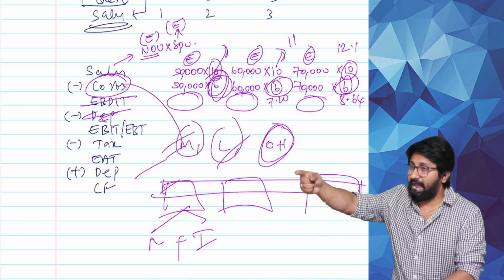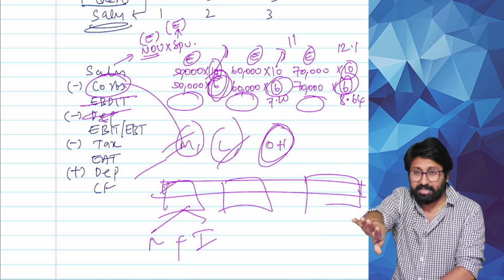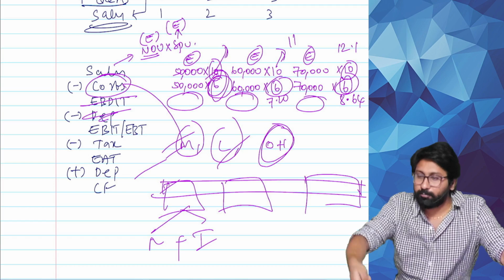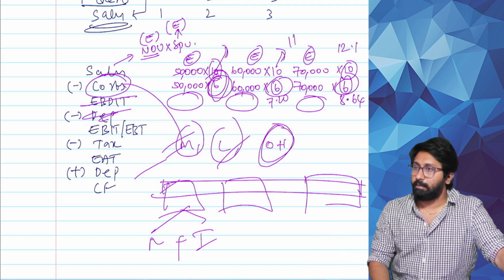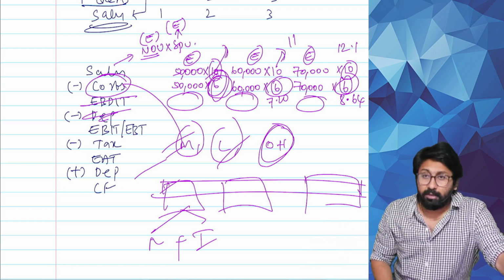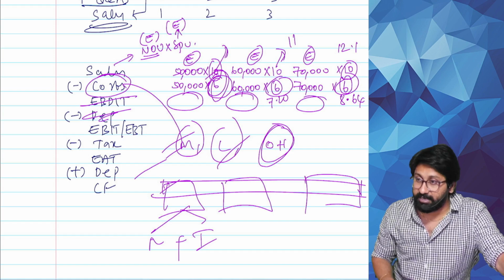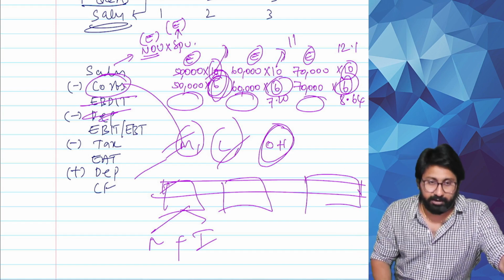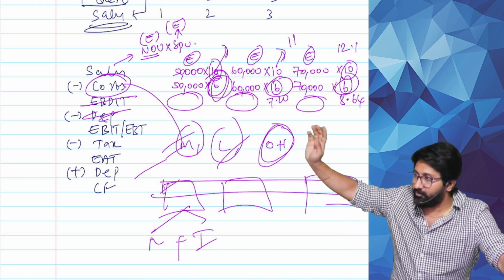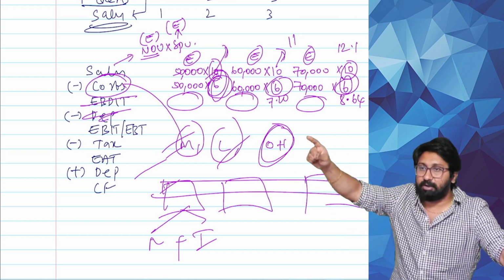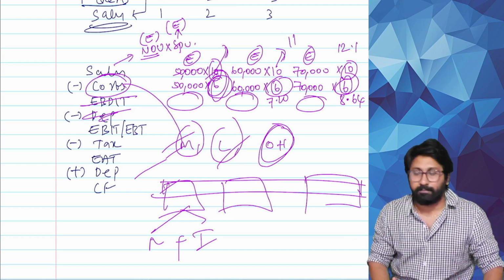When you go to the management and put the papers on their table, you say, sir, 50,000 is the units, 10 rupees is the sale price, next year 11, the next year 12.1; 6 rupees is the cost, 7.1, 8.4, 8.64. These are all the cash flows you put before him.